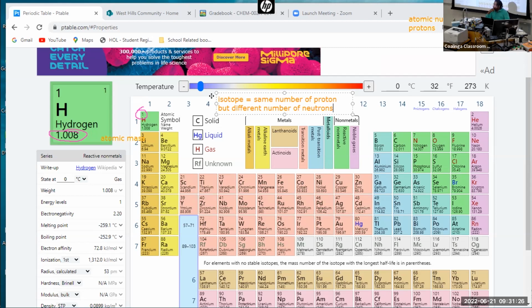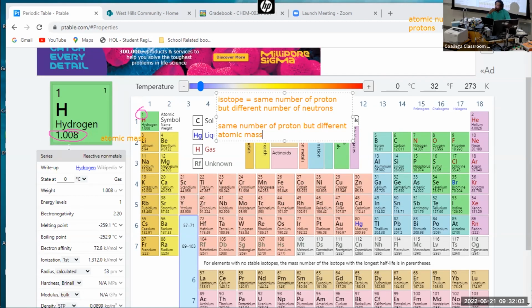And you'll see it written both ways. Okay, so an isotope of carbon is going to be one carbon with one, and one carbon with none.